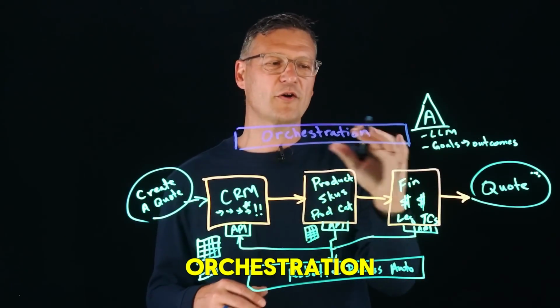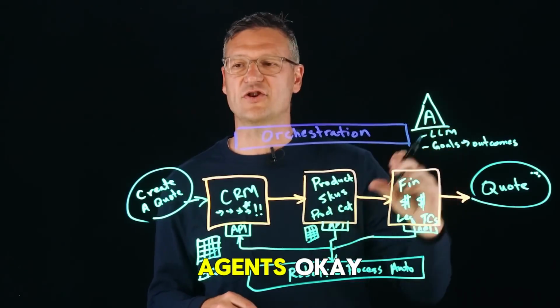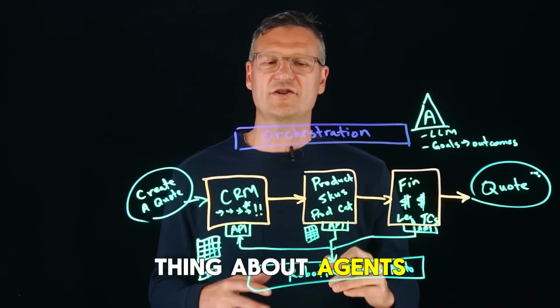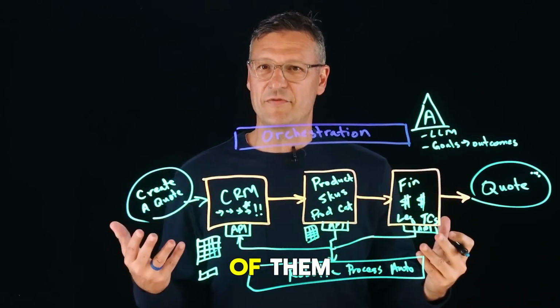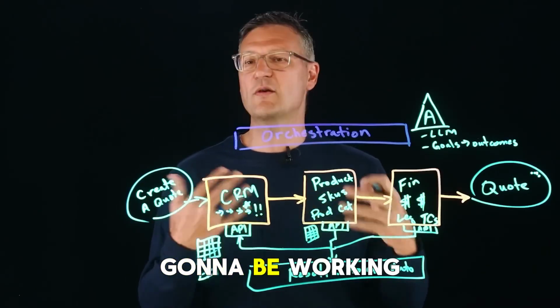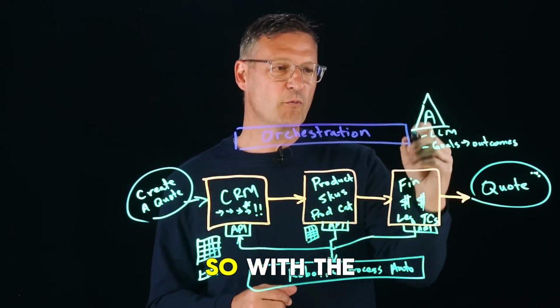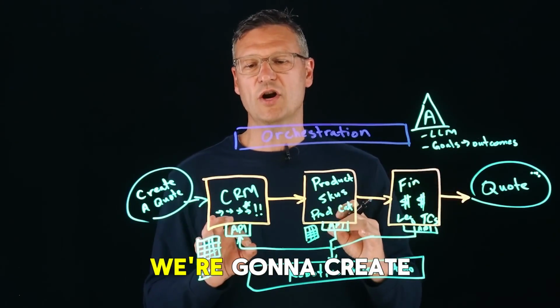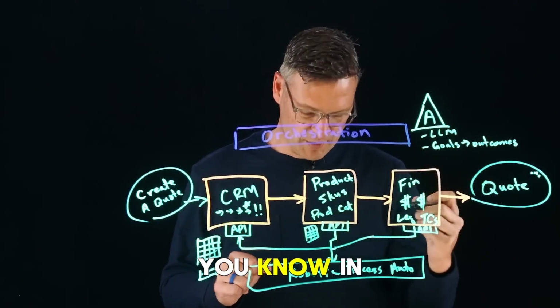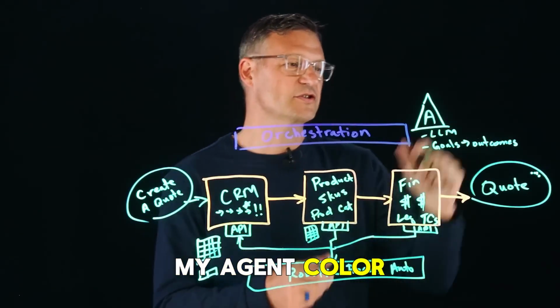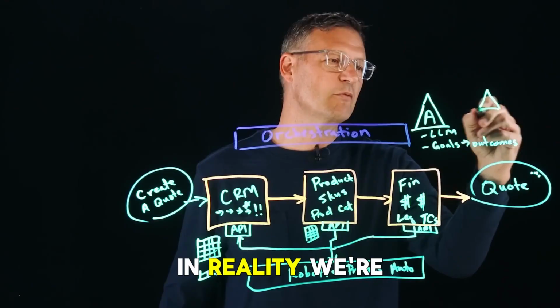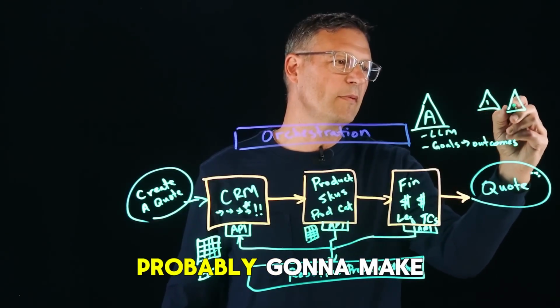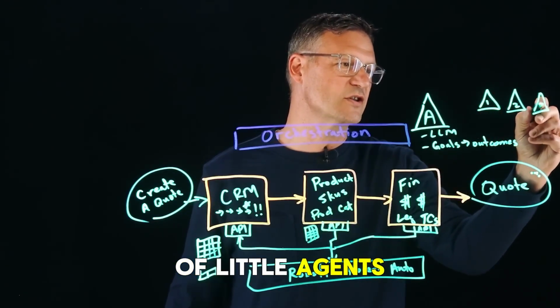Now, when we go to the orchestration, we suddenly have agents, okay? And the beautiful thing about agents is that we can have many of them working together. So with the agents, in reality, we're probably going to make an army of little agents, right?